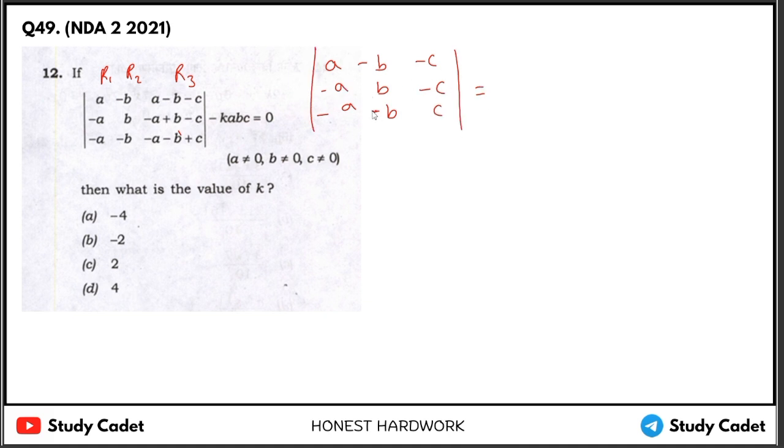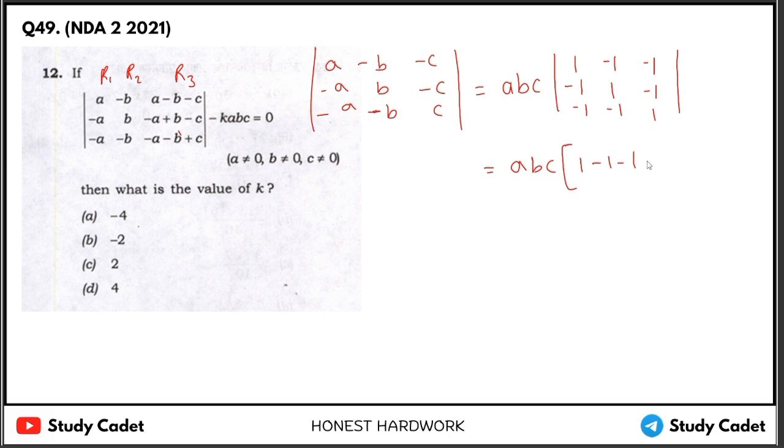So the value of this determinant will be what? We can simply take common a, b, c, and now we are left with 1 minus 1 minus 1, minus 1 1 minus 1, minus 1 minus 1 1. Okay, find this determinant. This will be abc into 1, and minus 1, minus 1.